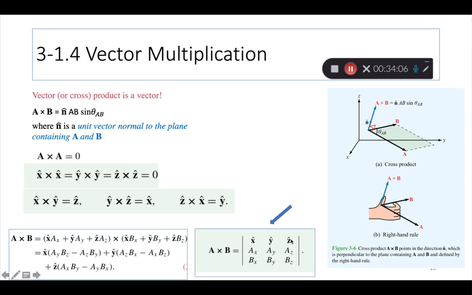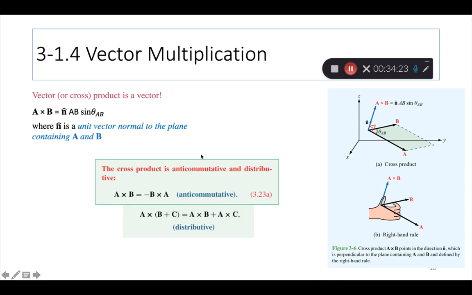And then with z, this coefficient, you do ax, by minus bx, ay. Okay, so I hope you're familiar and that this is not strange and new, but it's very important to understand how it's done and be able to do it quickly.